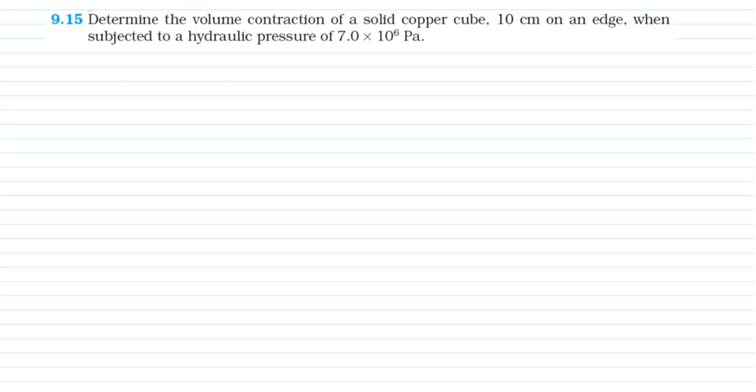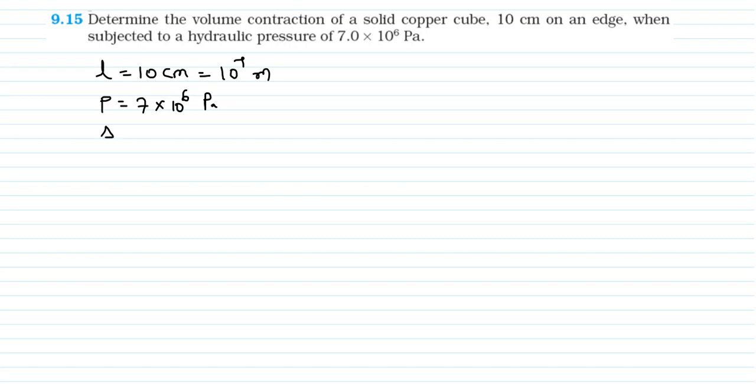Determine the volume contraction of the solid copper cube 10 centimeter on an edge, that is L is equal to 10 centimeter, that is you can say 10 raised to minus 1 meter, when subjected to a hydraulic pressure. चलो, what is the hydraulic pressure, that is 7 into 10 raised to 6 Pascal.